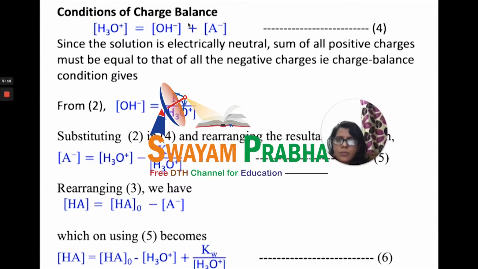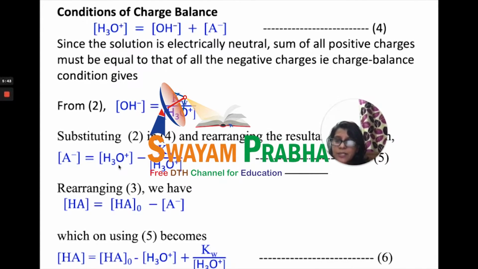Now, in this expression, what is OH minus? OH minus is actually equal to Kw upon H plus from the ionic product of water. So OH minus is equal to Kw upon H plus, and we substitute this into equation 4, that is the equation for charge balance, and you get the value of A minus.